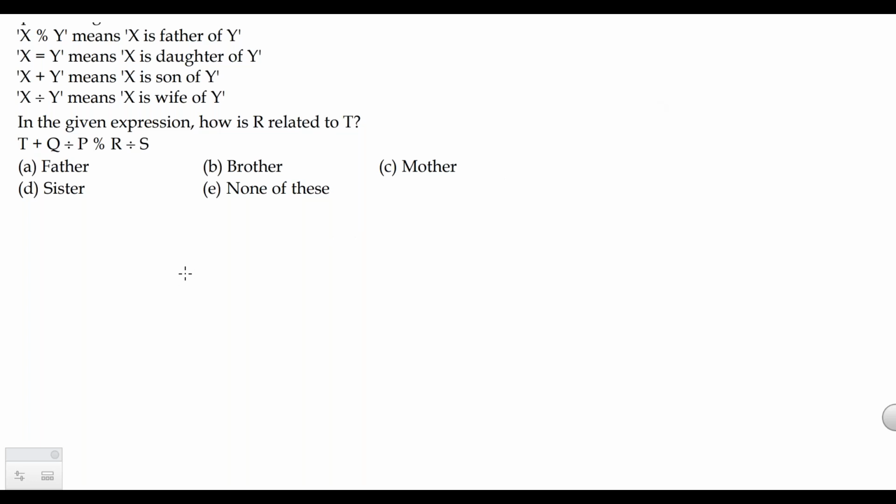Option D. So in the given expressions, how is R related to T?